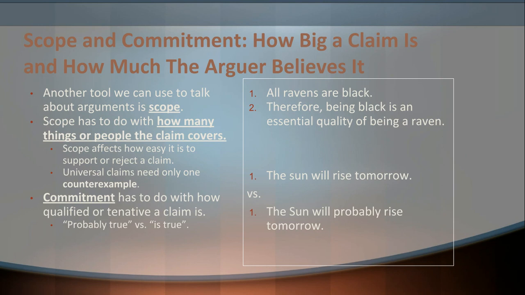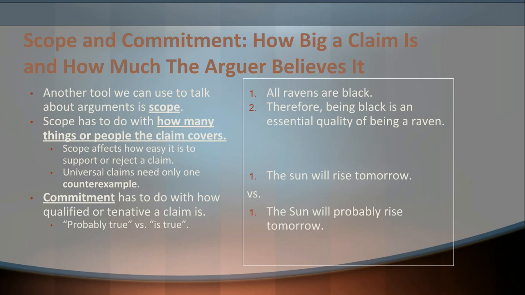Now, commitment, when we're talking about arguments, has to do with how qualified or tentative a claim is, not necessarily how committed the speaker was to it, but in theory, it is possible for a speaker to be uncommitted entirely to the things that they say. Here, when we talk about things being qualified or tentative, we're talking about words and concepts like probably or only or as far as I know. That sort of clue and sign that we're not quite certain of the kinds of things that we're arguing for.